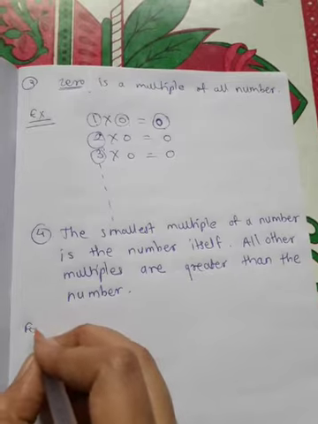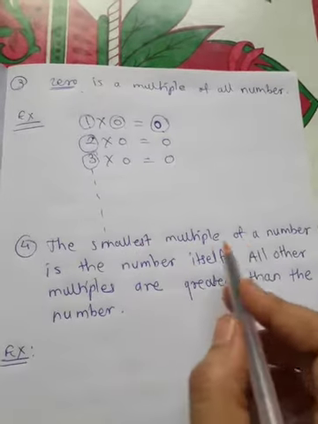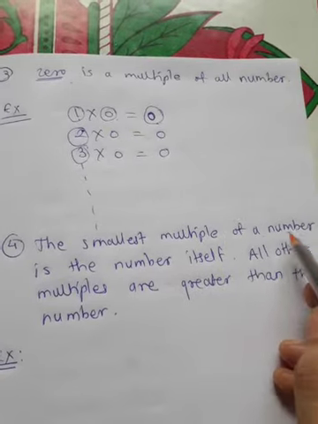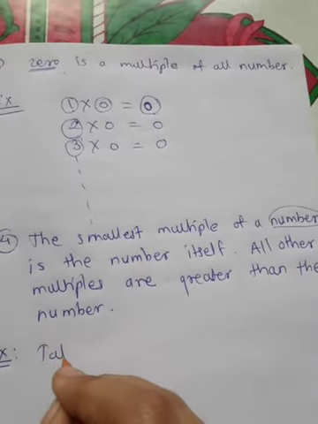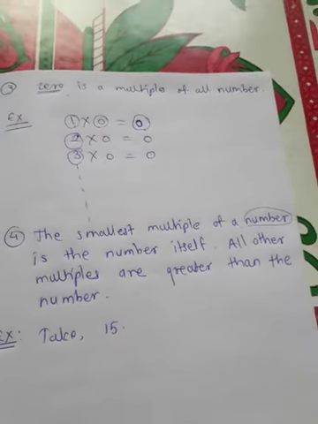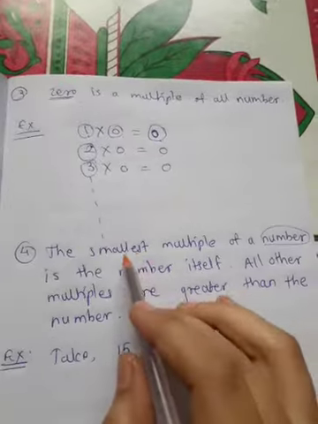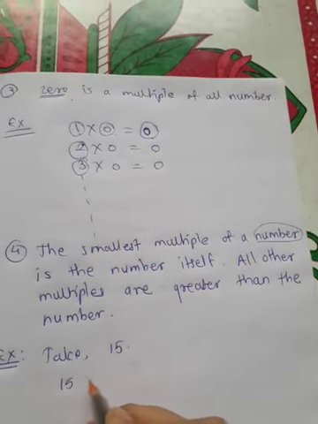So I will prove that by example. Take any number; suppose we take the number 15. To find the smallest multiple of 15, we first find the multiples of 15.